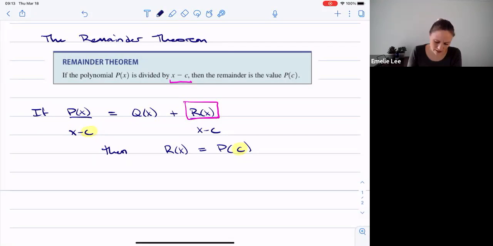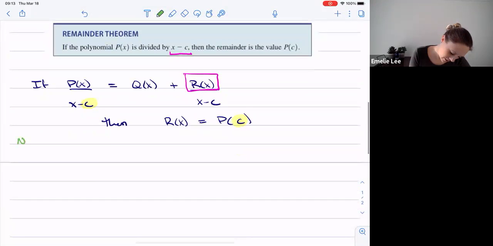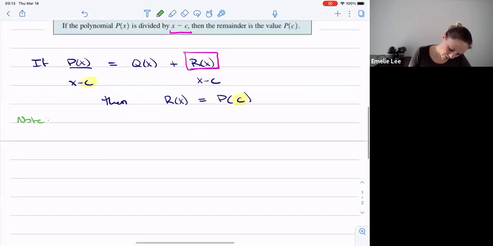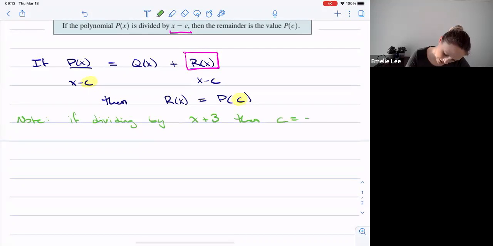One thing to note, if dividing by x plus 3, for example, then c equals -3.